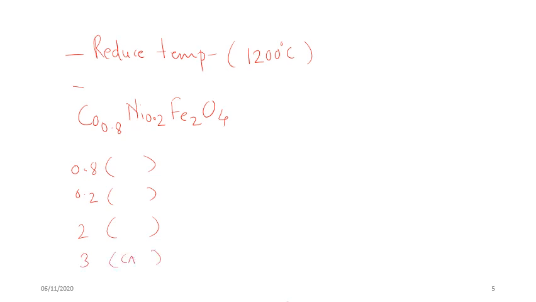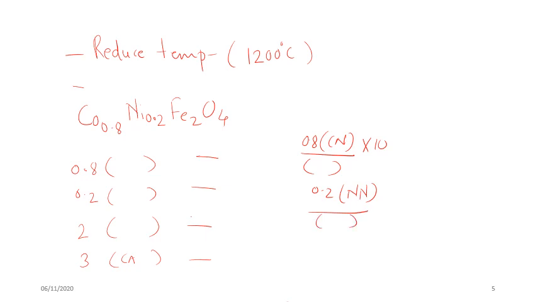If we have taken this weight, the second weight, the third weight and the fourth weight, we have to add these four weights. Let's say 0.8 times the cobalt nitrate's weight divided by these total weights, these four weights, into 10. This will give me the weight of the cobalt nitrate that I have to add to perform this reaction. Similarly, 0.2 times the weight of the nickel nitrate divided by the total weight into 10 will give me the weight of the nickel nitrate.